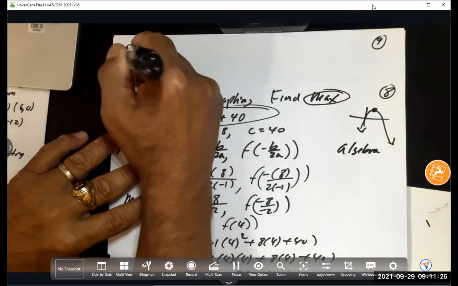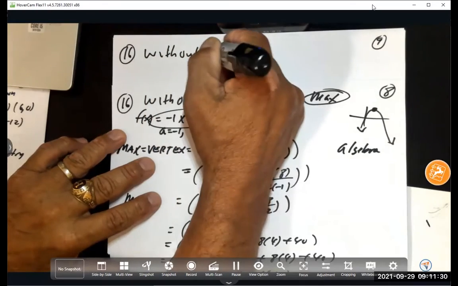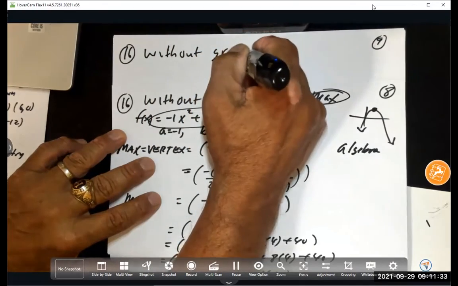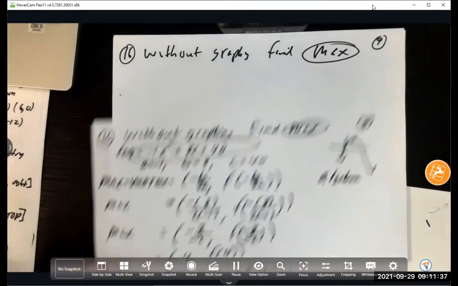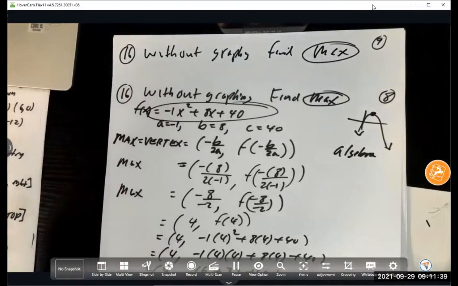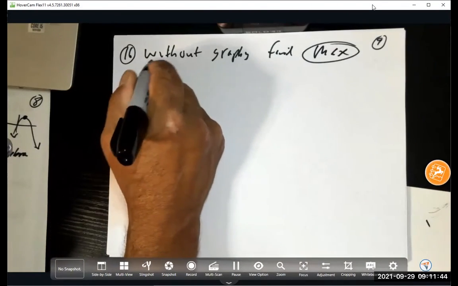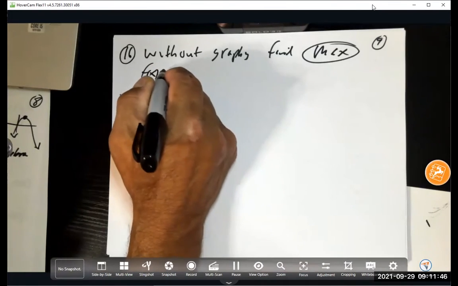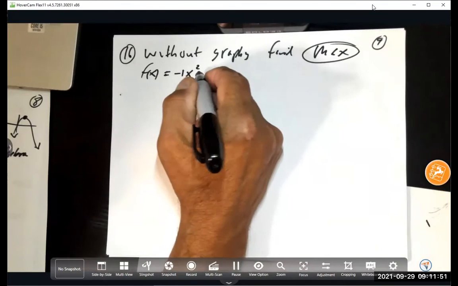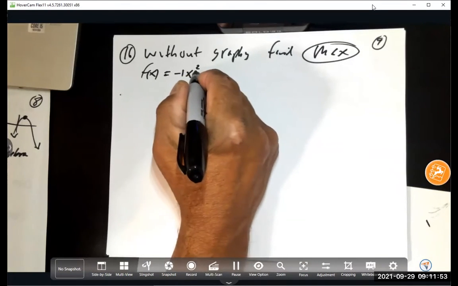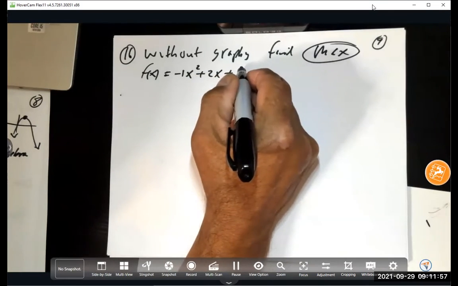Number 16 again. It's gonna say, without graphing, find the max of this thing. Let me change these numbers, something smaller. f of x is, I'll use the -1 again, -1x squared plus 2x plus 10.